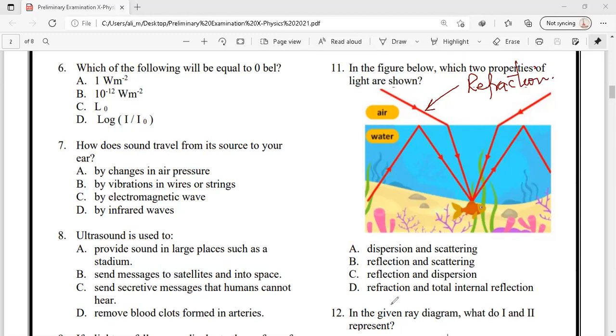Similarly, in the other phenomenon, light is traveling from water to air, making an angle greater than the critical angle, and it bounces back into the same medium. So the phenomenon shown in this diagram is total internal reflection. So these are the two phenomena present in this diagram. So the correct answer is option D, refraction of light and total internal reflection between water and air.